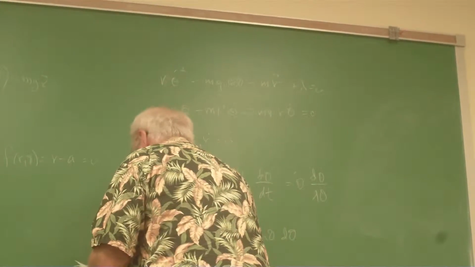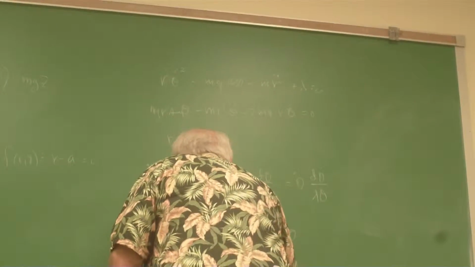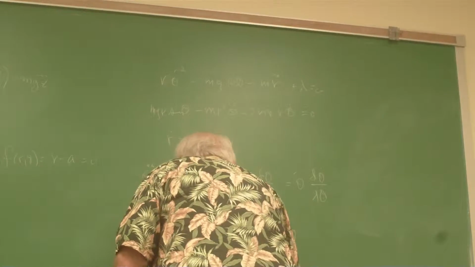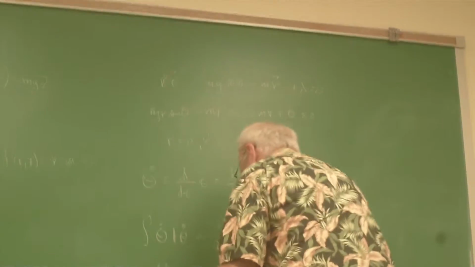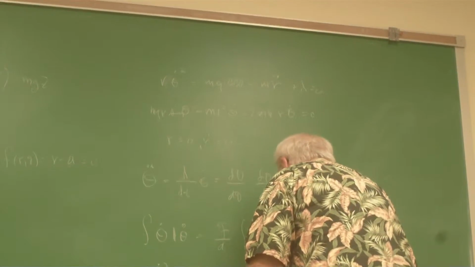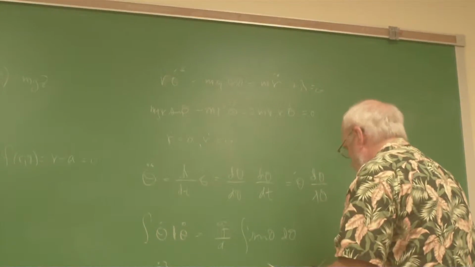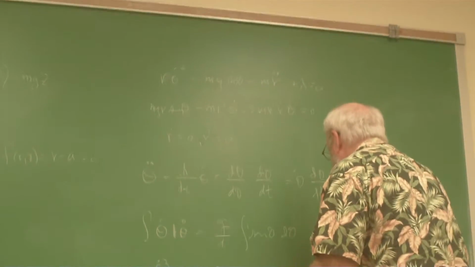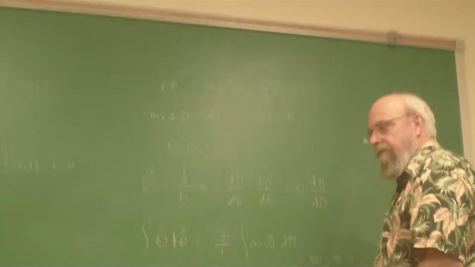And so you wind up with theta dot squared over 2 is equal to minus g over a cosine theta, and a constant of integration, which is just g over a, because you want it to be that at t equals 0, theta dot is equal to 0, right?